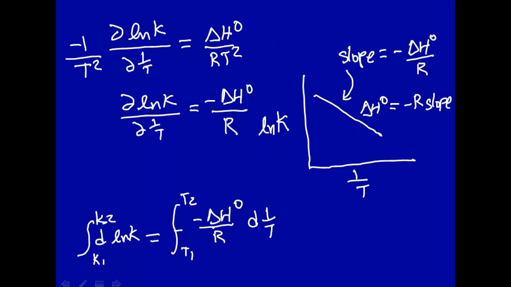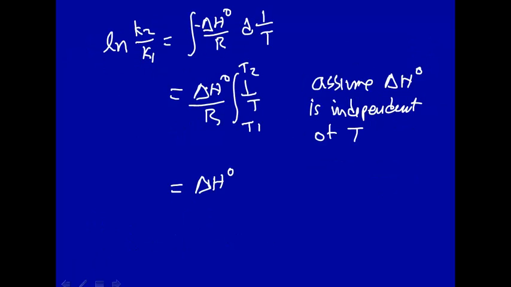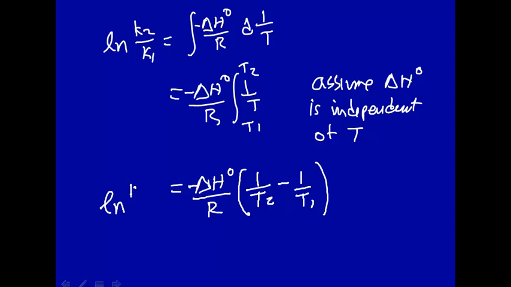And of course I forgot the minus sign there. Okay, so did I get the minus sign here? There it is. So I forgot to carry it along. Minus delta H0 over R times (1 over T2 minus 1 over T1). This you may or may not recognize is the equation that's thrown out in introductory chemistry. Just write what's over here, ln of K2 over K1.